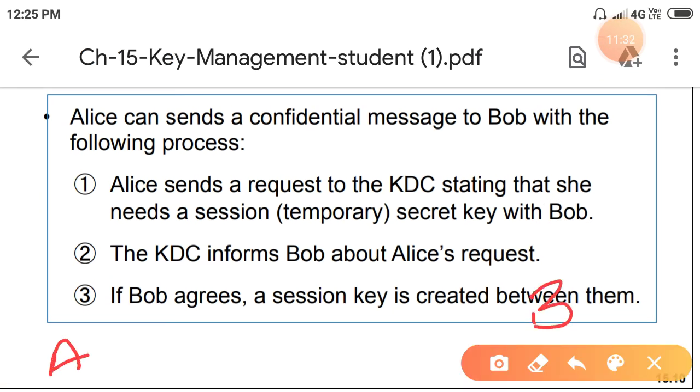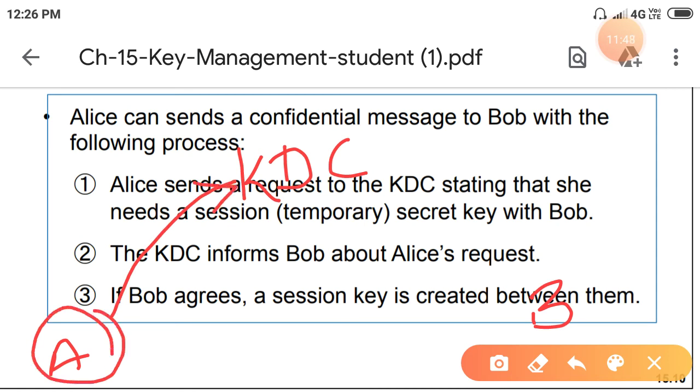First, A sends a request to the KDC by using A's secret key. By using A's secret key, A is sending the request to the KDC.